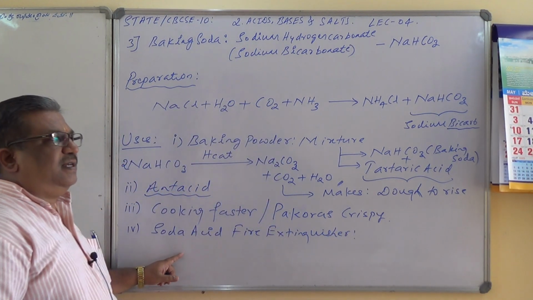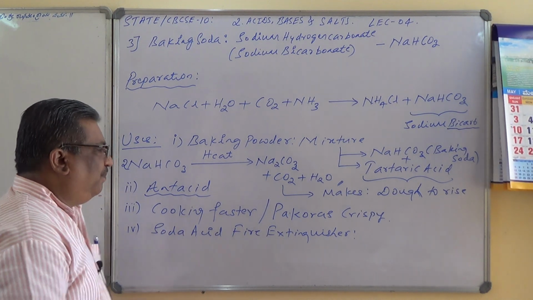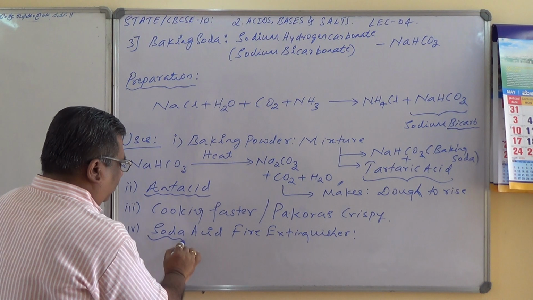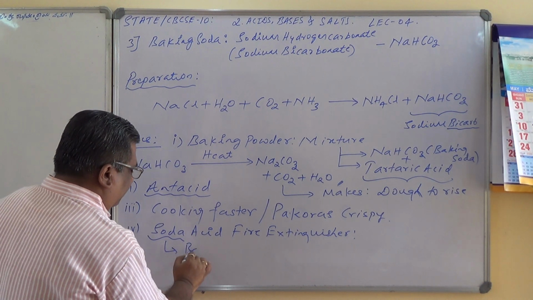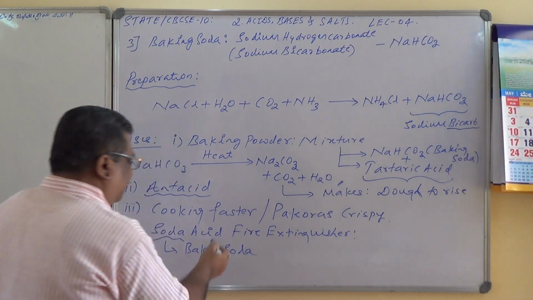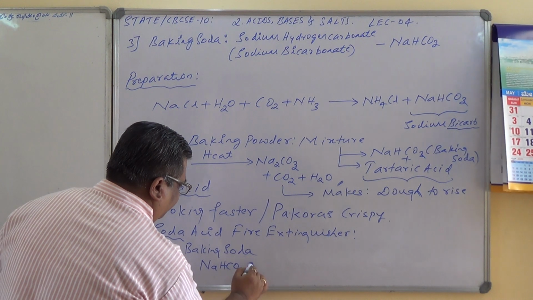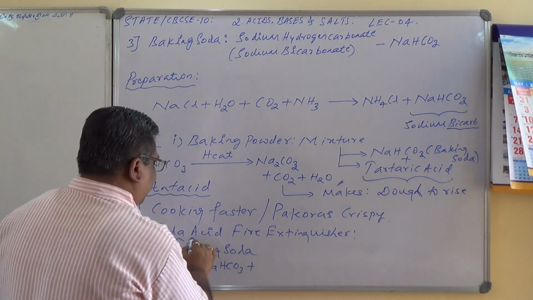Why is this used in a soda acid fire extinguisher? As the name suggests, soda means here baking soda, which is nothing but NaHCO3 plus, what is the acid here?